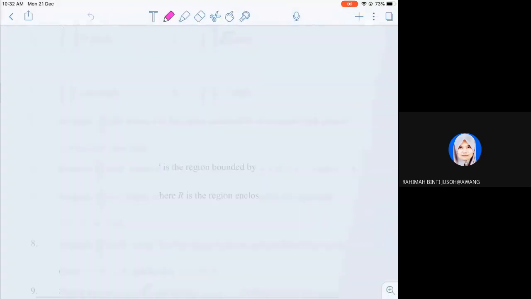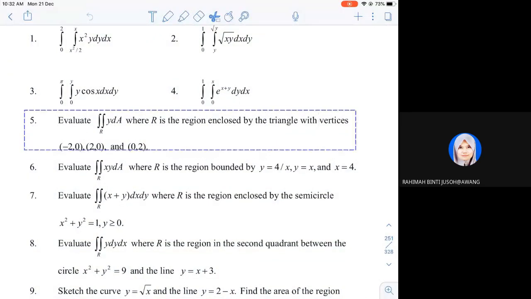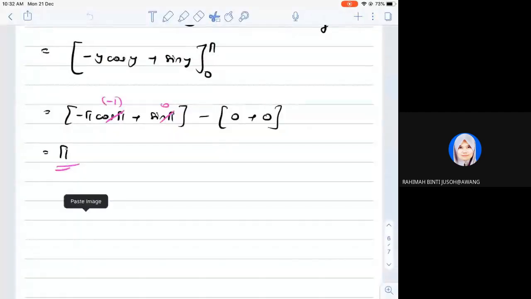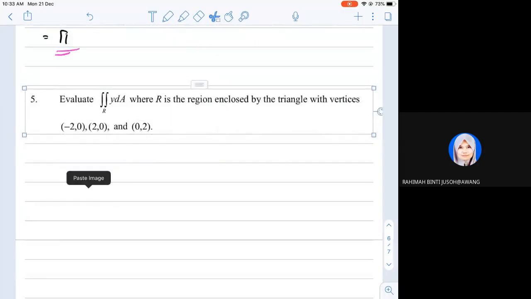Okay, let us proceed with question number 5. Okay, evaluate the double integration y dA where R is the region enclosed by the triangle with vertices -2, 0.